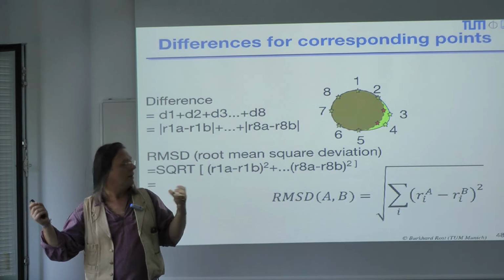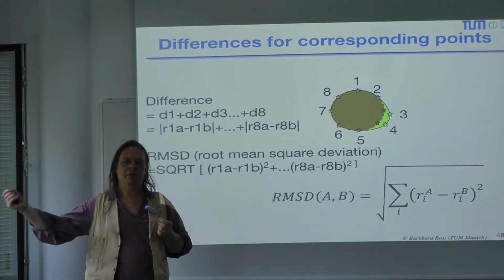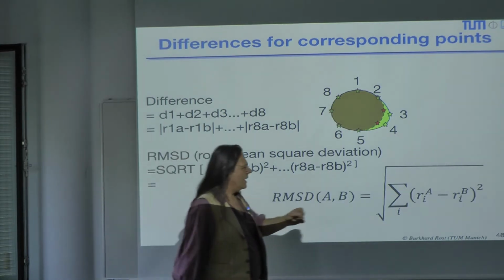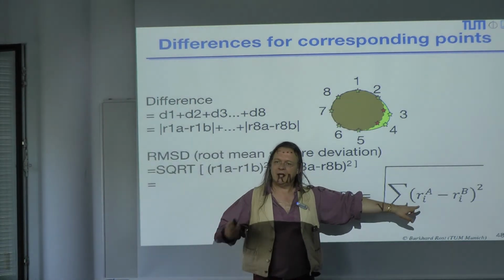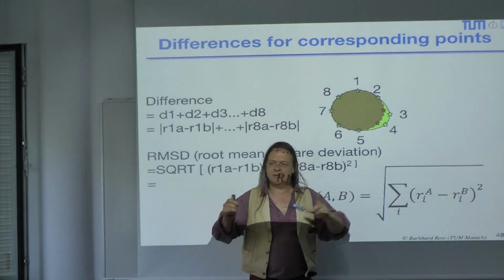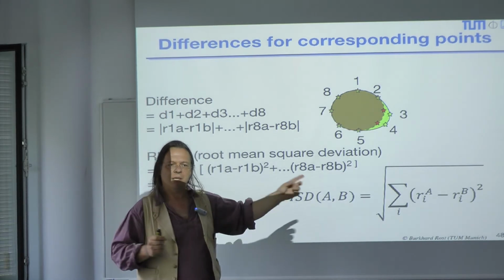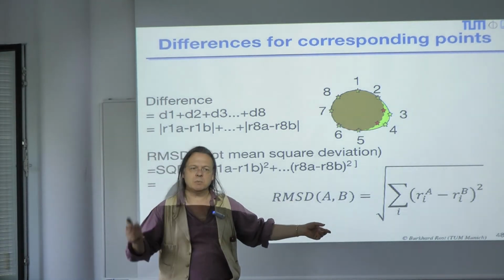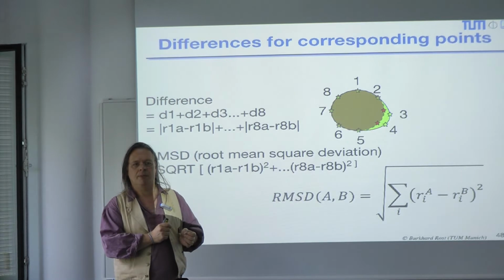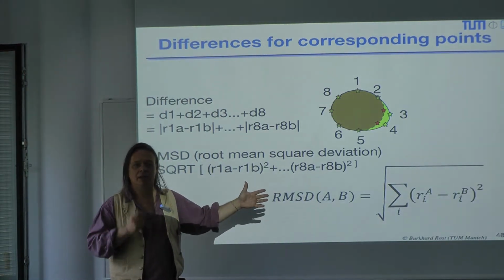In another situation, in the case of 8 points, 7 match and 1 doesn't match at all. And this will make a bigger difference, because it's squaring that. So 1 big difference counts much more under the square than many small ones. That may be desired or not, but that is an important part of this equation.